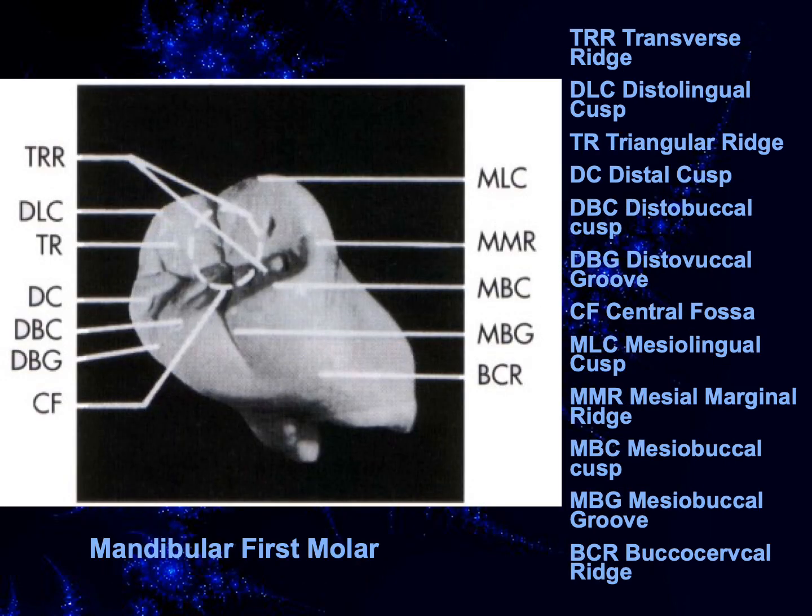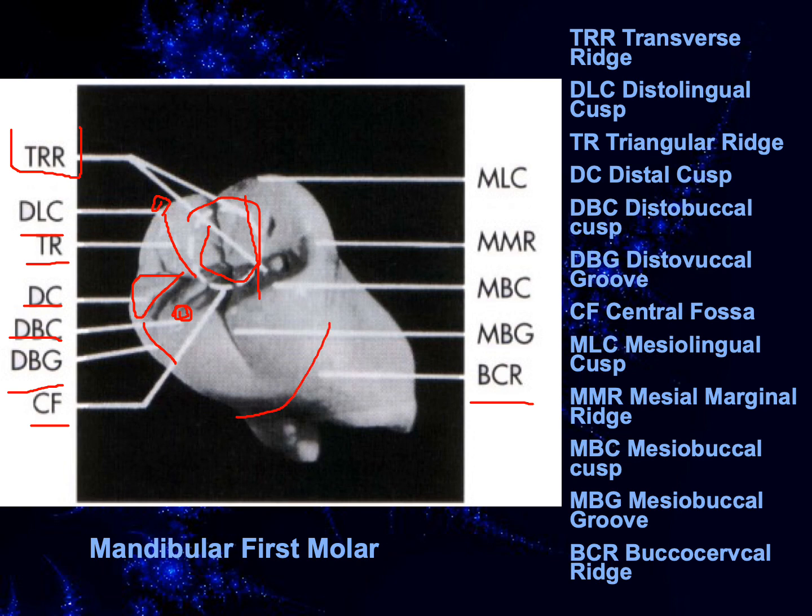If we take a mandibular molar, as you can see here, 2 triangular ridges make a transverse ridge. Distolingual cusp, triangular ridge of distolingual cusp, distal cusp, distobuccal cusp, distobuccal groove, central fossa, buccal cusp ridge.